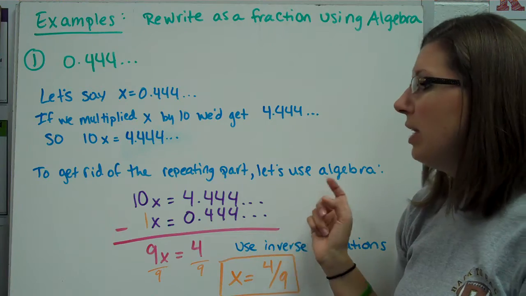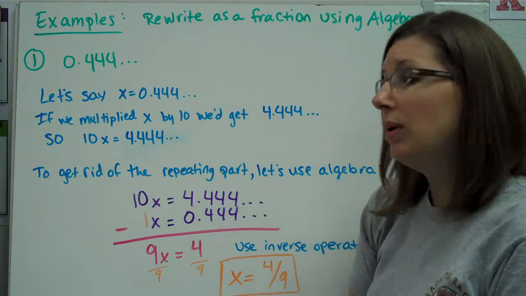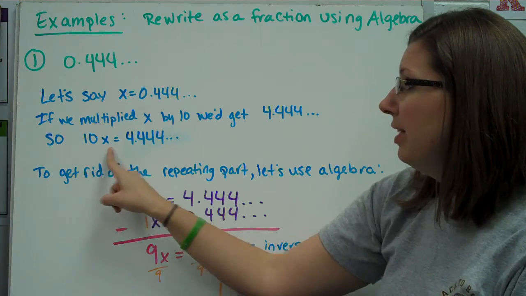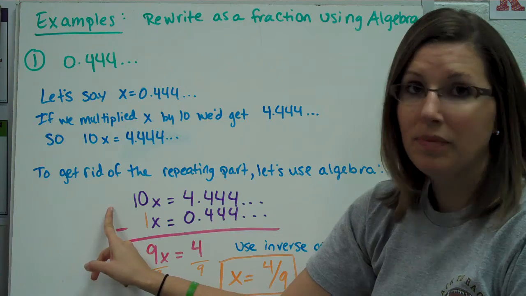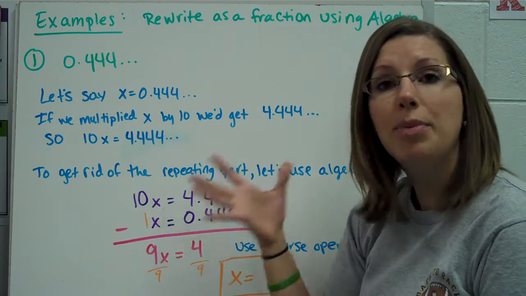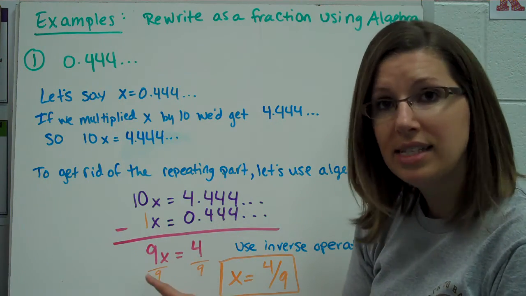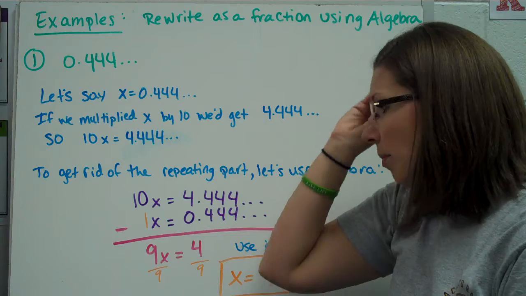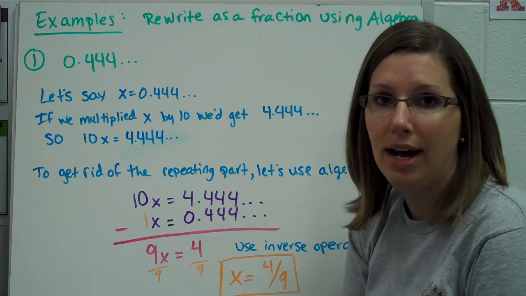So let's use algebra and subtract our equations. I took the equation with the 10x and put it on top, and then I took my original equation, x equals, and put it underneath. I lined up the equal signs, the x's, and the decimals because I'm going to subtract. So I drew a big line and a subtraction sign.